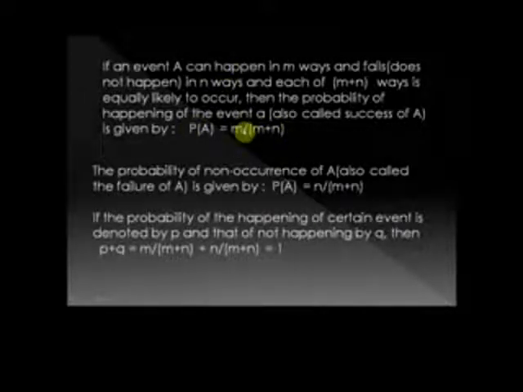So if we say that there are m number of ways in which A can happen and there are n number of ways in which A cannot happen, then the probability of happening of A is equal to m divided by (m plus n). Similarly, the probability of non-occurrence of A, also called a failure of A, is given by P(A complement), which is equal to n divided by (m plus n).